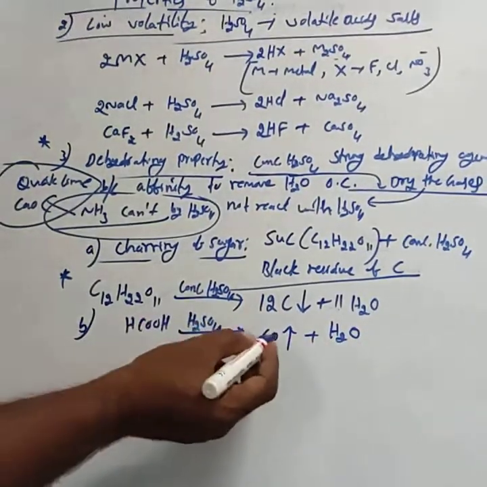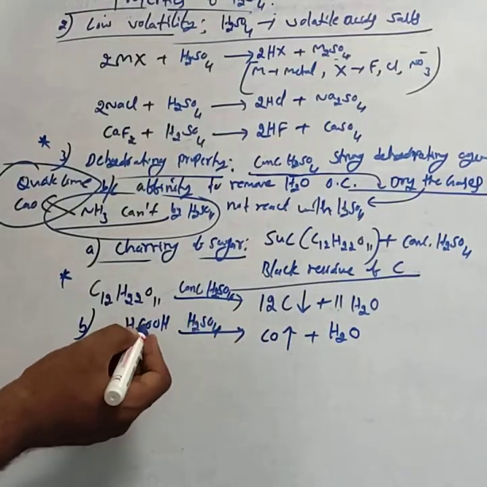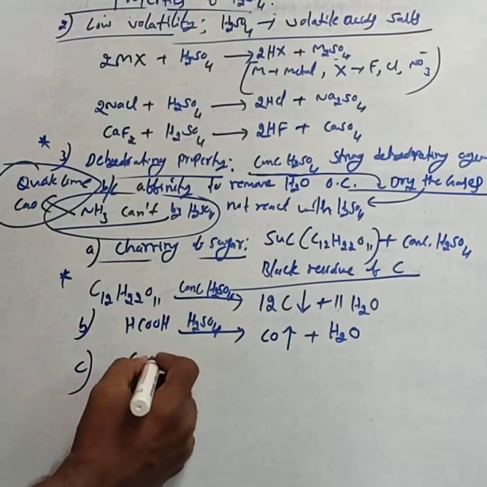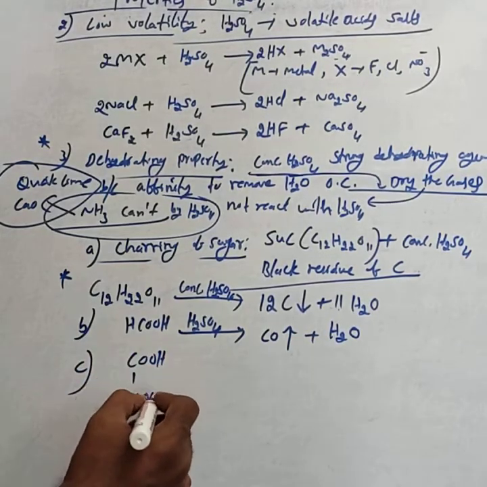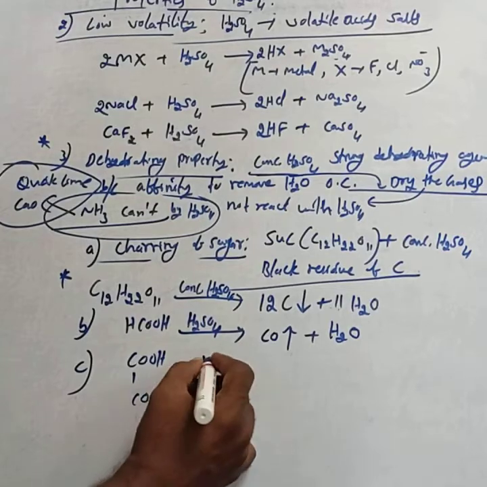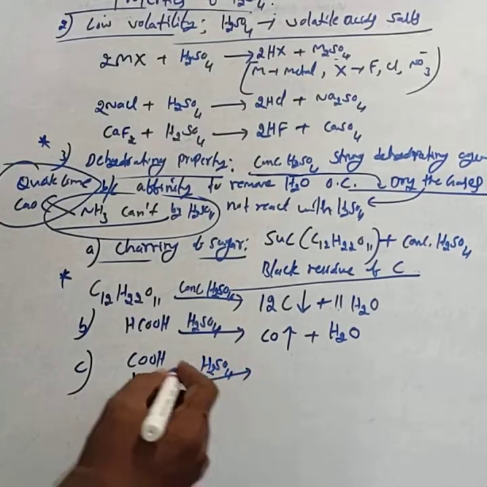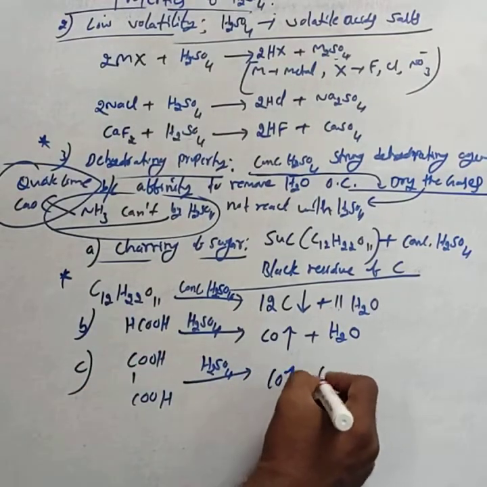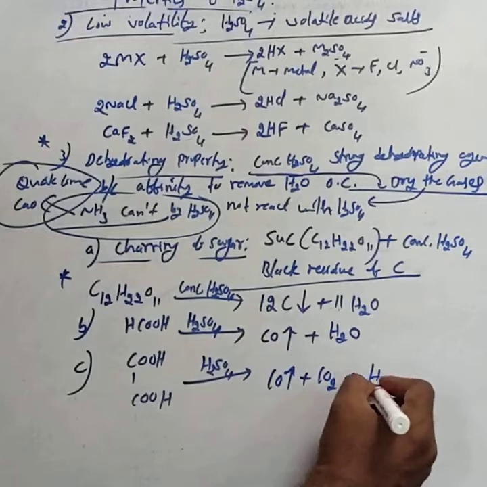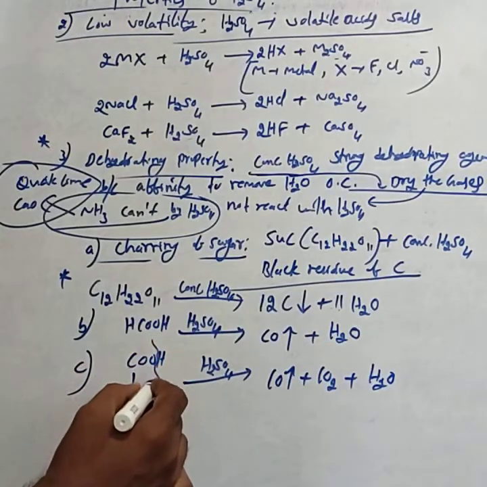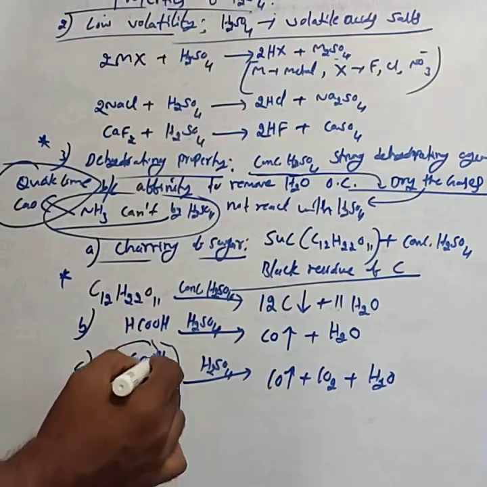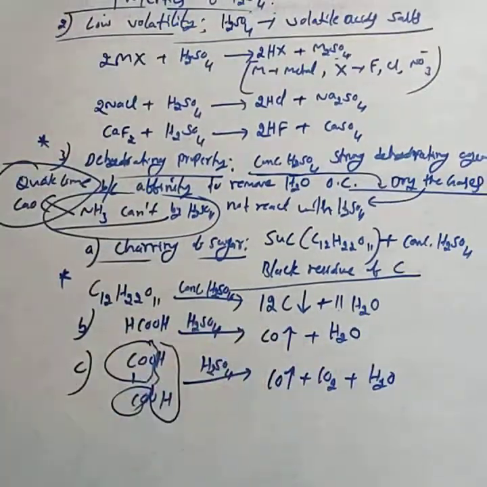Similarly, sulfuric acid dehydrates oxalic acid, COOH, a dicarboxylic acid. When H2O is removed, one compound has the CO and another has the CO2. CO and CO2 are formed. This is about the dehydrating property.